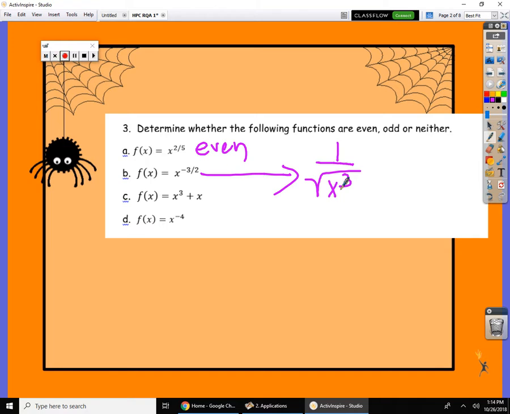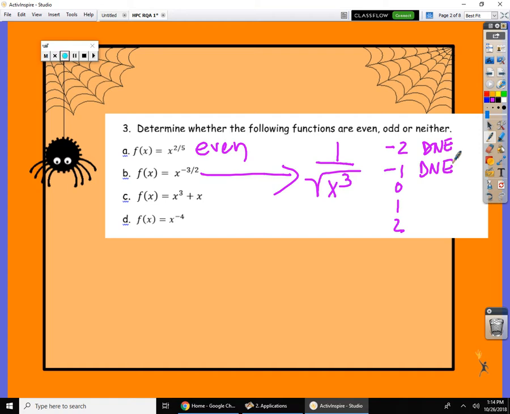I'll make a quick graph for you. Let's go with -2, -1, 0, 1, and 2, okay? -2 cubed is -8. Can I take the square root of -8? No. So it does not exist. -1 cubed is -1. Can I take the square root of -1? Does not exist.